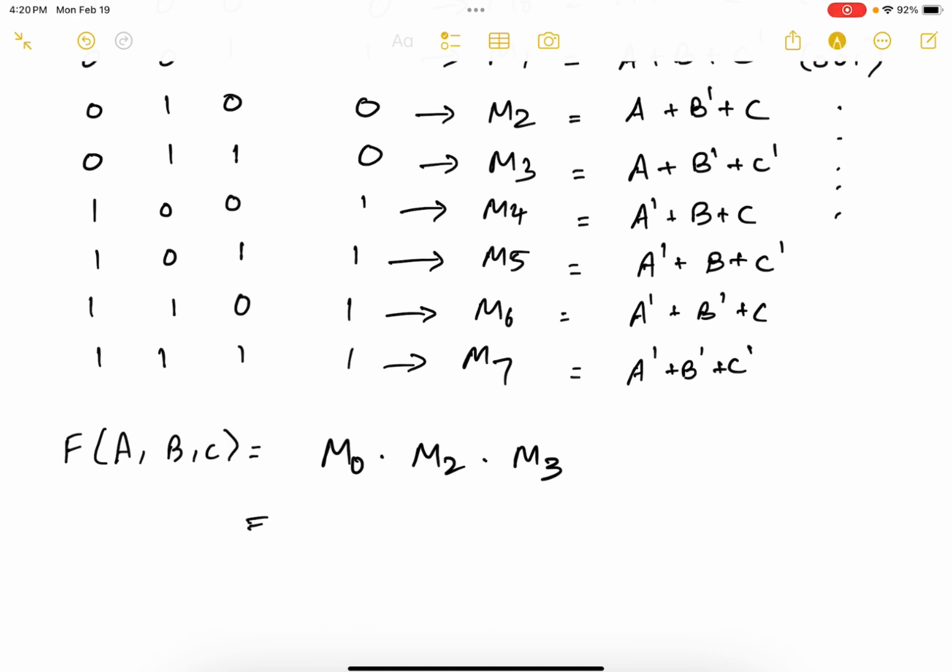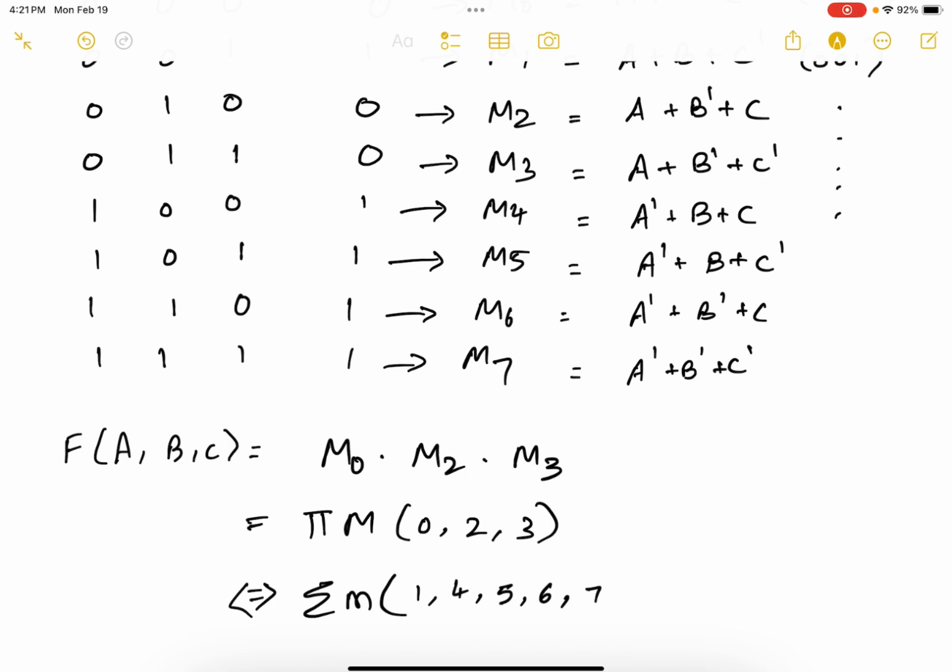This can be written as pi of max terms 0, 2, 3. This is also equivalent to sigma minterms, the rest of the combinations. So you have 1, 4, 5, 6, and 7. So this is a concept of SOP, POS, max term, and minterm.